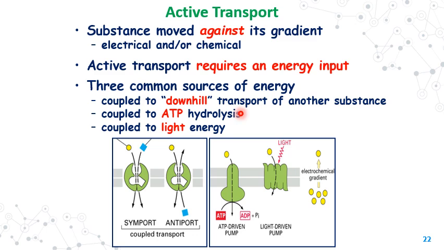Okay, so these are direct forms of active transport, and here is your indirect form of active transport when you couple it to something that is going downhill. But remember, this gradient was possible because of energy usage in another system, usually your sodium-potassium pump. Okay, so if this is sodium, sodium is going to go downhill. Sodium is indirectly coming from your sodium-potassium pump. So you got to know the distinctions between these forms of membrane transport.